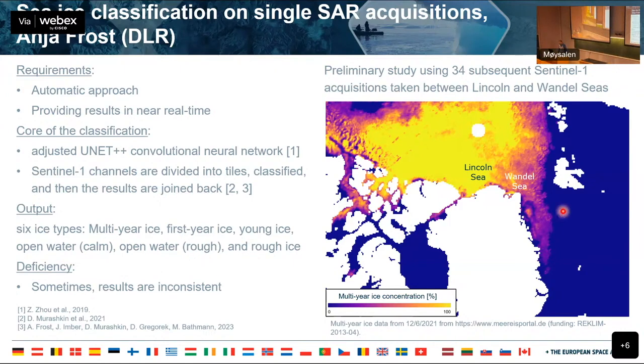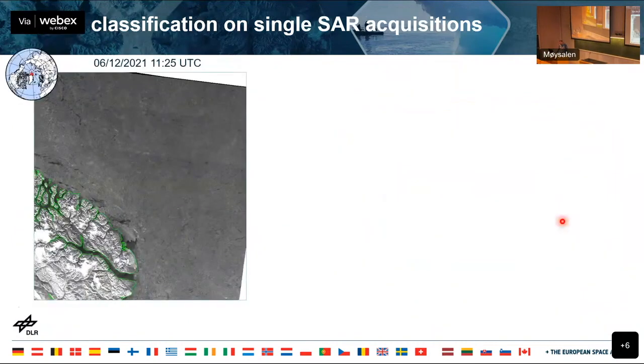And here is an average multi-year ice concentration from 34 images, and it looks very realistic. But it's interesting that in addition to classifying each image individually, the authors attempted a nice approach of multi-temporal classification.